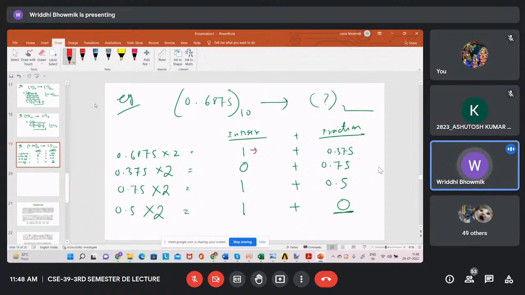I will not take this fraction part. If you observe the integers, it is in the binary form. It is a minus 1, a minus 2, a minus 3, a minus 4. In this way, these are the coefficients. So the binary number is nothing but 0.1011 base 2. Okay. So this is the binary number.